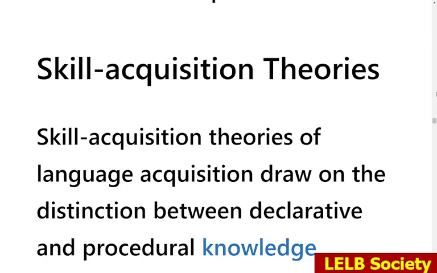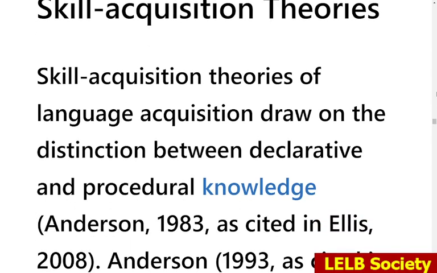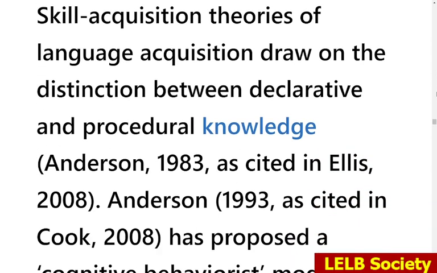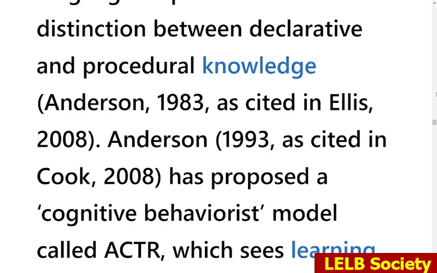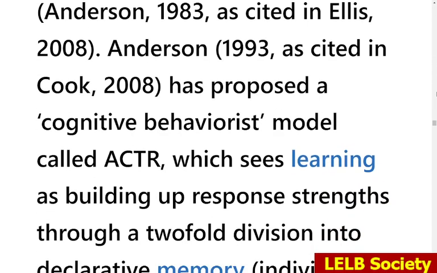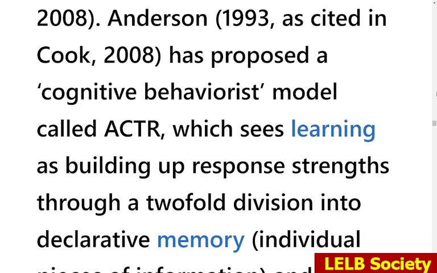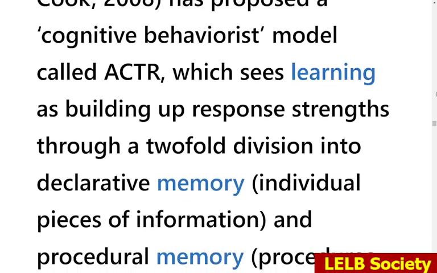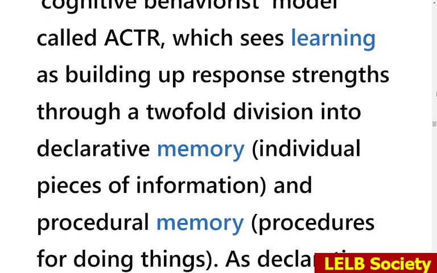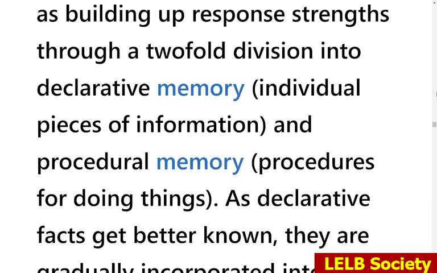Skill acquisition theories. Skill acquisition theories of language acquisition draw on the distinction between declarative and procedural knowledge. Anderson, 1983, as cited in Ellis, 2008. Anderson, 1993, as cited in Cook, 2008, has proposed a cognitive behaviorist model called ACT-R, which sees learning as building up response strengths through a twofold division into declarative memory, individual pieces of information, and procedural memory, procedures for doing things.